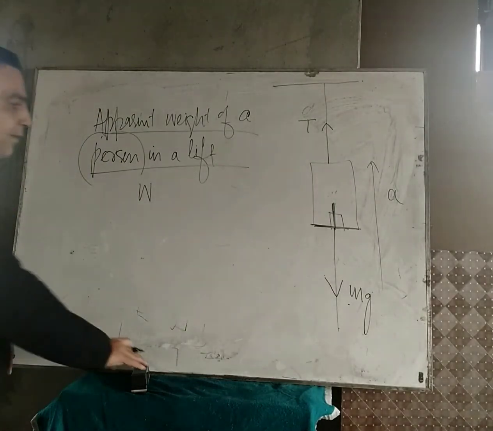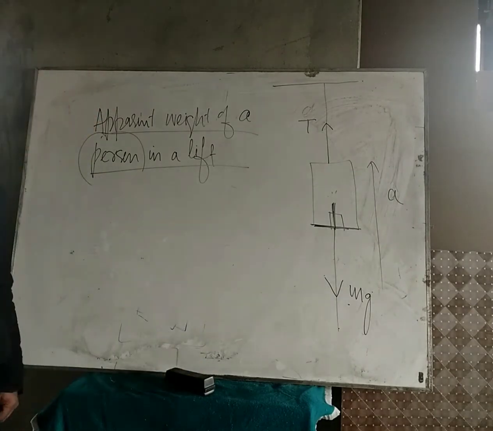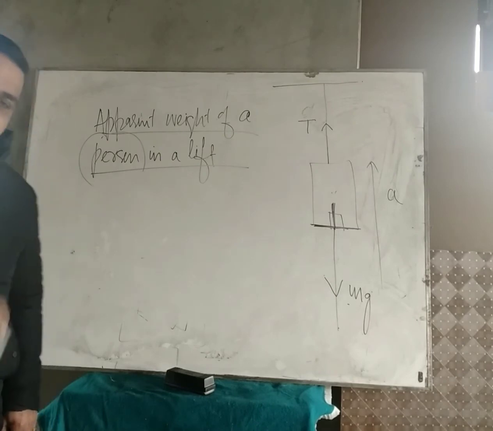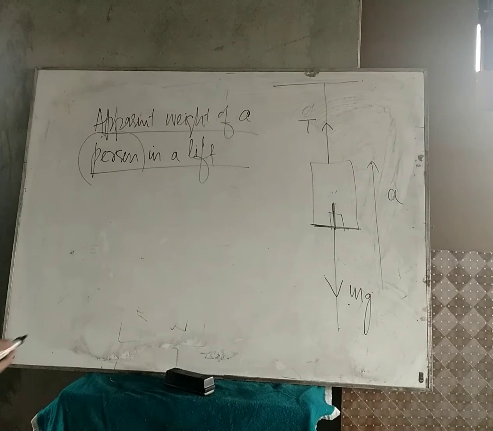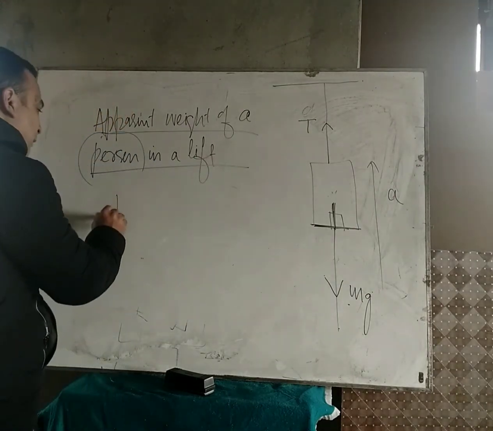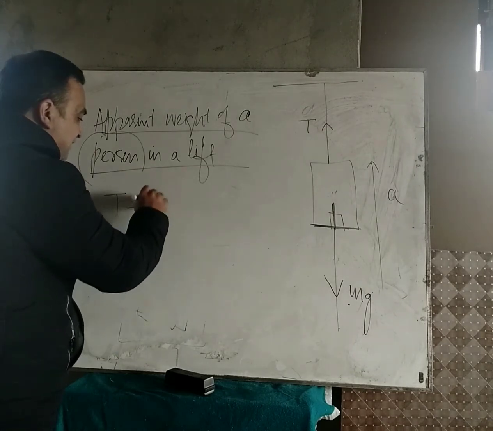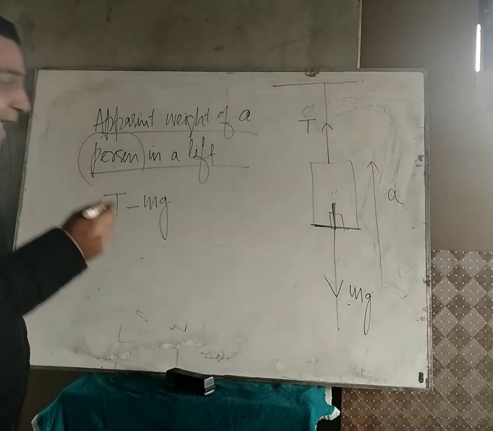Now, what does Newton's second law of motion tell us? It tells us the net force acting on a body. So I have to calculate that net force. What is that net force? Okay, the lift is going up, so T must be more. Minus gravity, which is opposing this T, but the lift is going up.